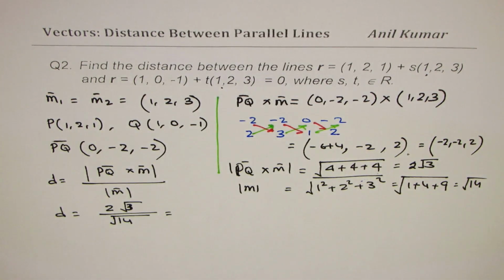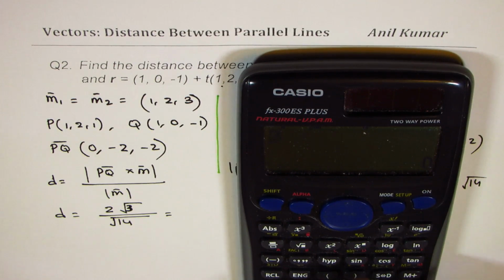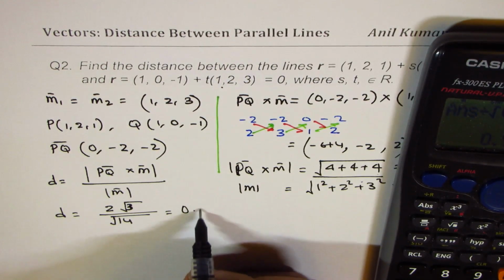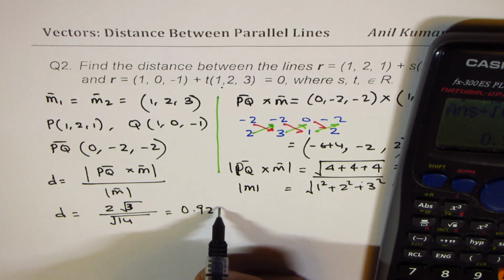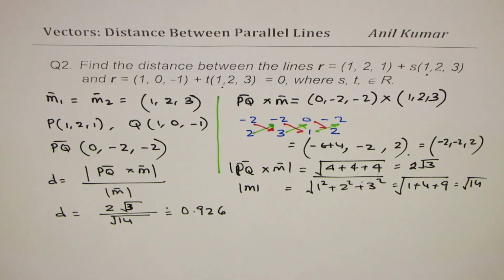That becomes the exact value. You may sometimes have to write in decimals, rounded to some number. You could do this using the calculator, about 0.76.